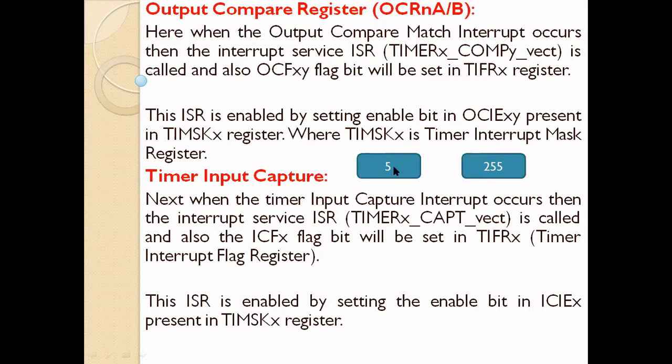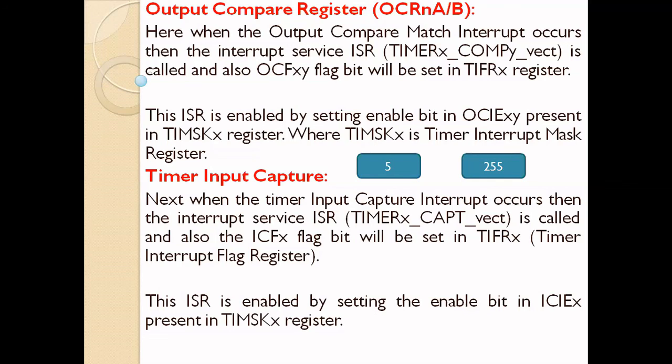Next it will compare these two numbers. If there is no match, the output will be low. Next you give a second clock pulse, 7, and compare with the value. Not matching, so output will be 0. When both values are the same, the output will automatically become high.